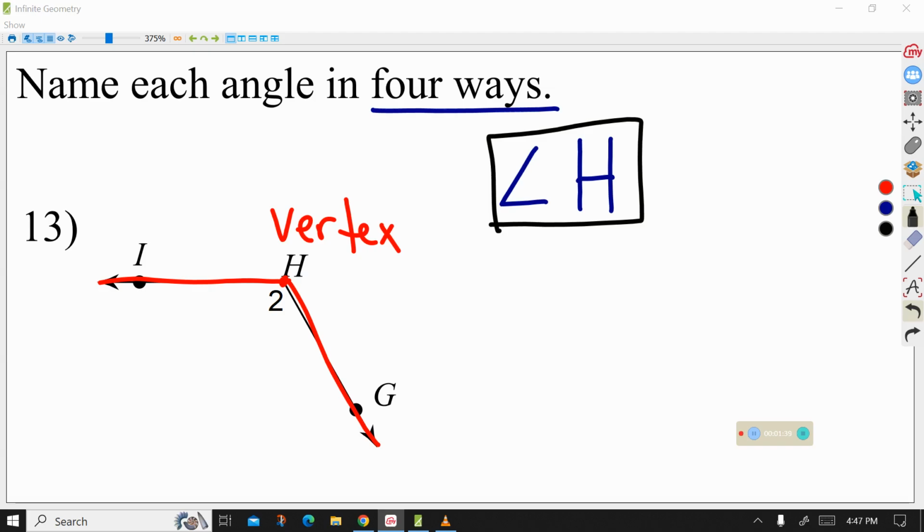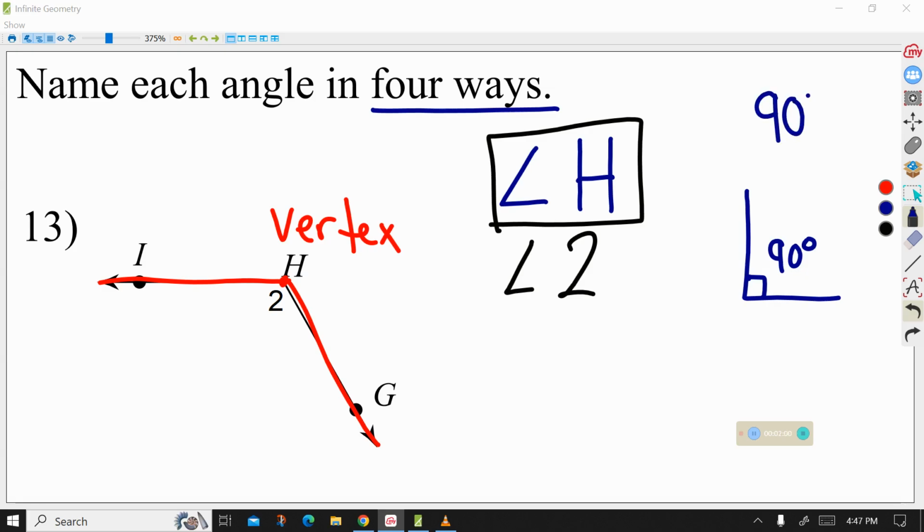Another way to call this angle would be to call it angle number 2. So you probably are aware that angles are measured in degrees, right? And if I'm going to label an angle as 90 degrees, then we actually use the degrees symbol. A lot of times in the videos, I'll put just a little dot, and you'll see that I mean to put degrees right there, and I won't draw the whole circle. But you should understand that that's supposed to be a little circle. That's the symbol for degrees.